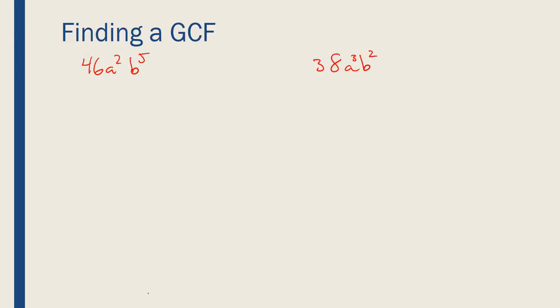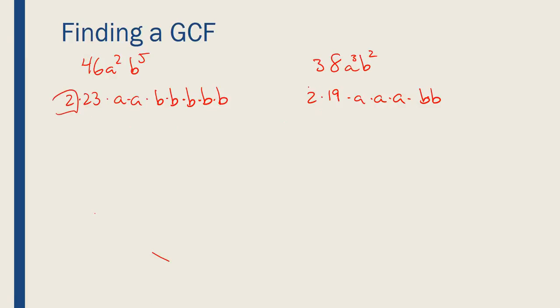So first find the common factors. 46 is 2 times 23, factoring a squared and b to the 5th. 38 is 2 times 19, 19 is prime, 3 a's, 2 b's. So in common, they have a 2, they have 2 a's, and 2 b's. So 2a squared b squared is your GCF.